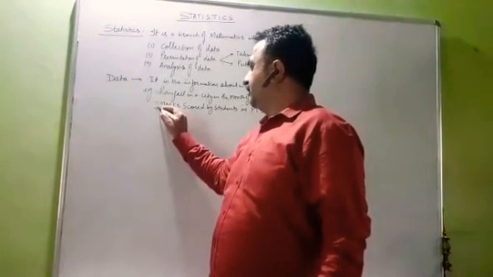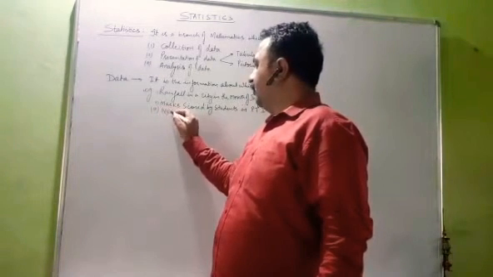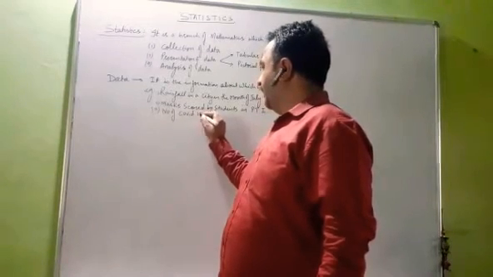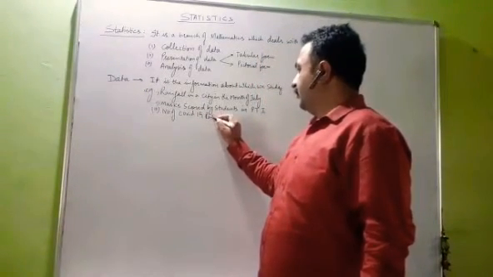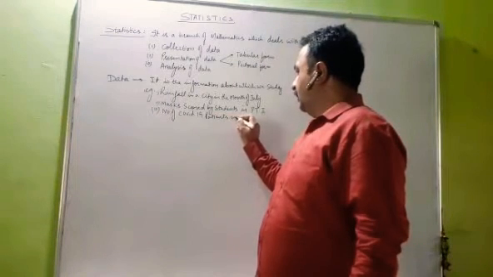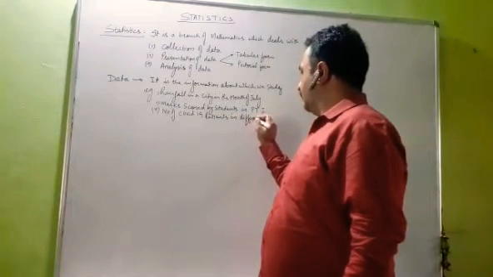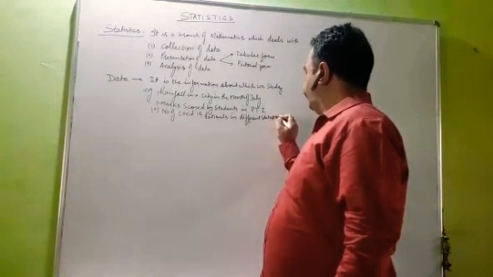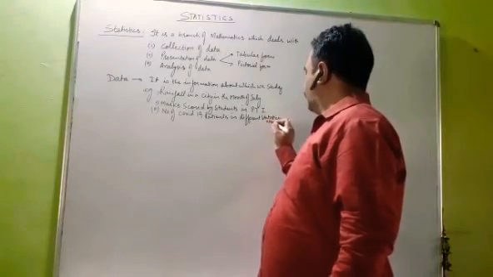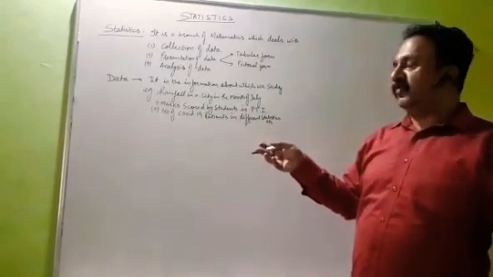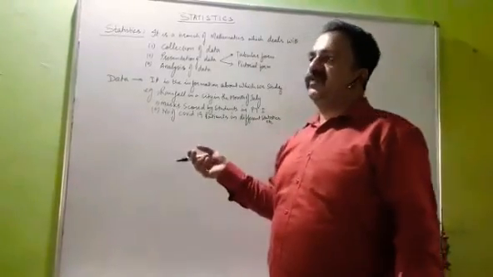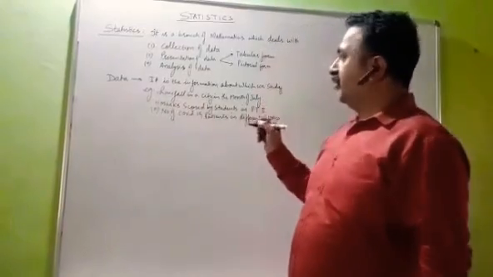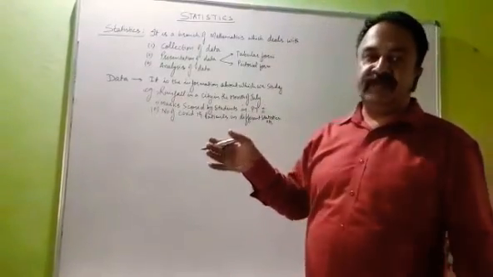Third, number of COVID-19 patients in different states. So we can have many situations like this. For example, vehicles going on the road, or the height of the students. So many situations we can frame. All this information can be called data depending on the situation given in the question.